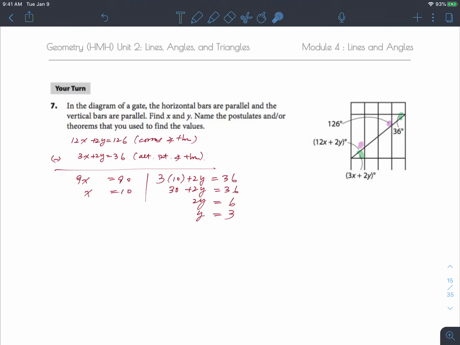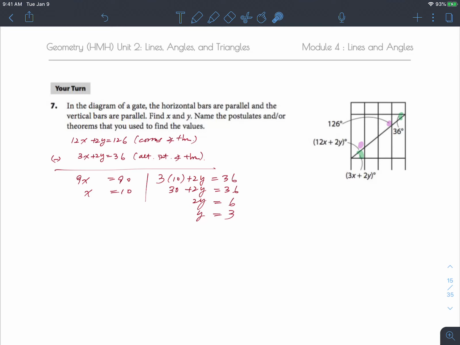So what we have over here is that 12x plus 2y, this right here, plus 126, oh, sorry, this angle and this angle are corresponding angles, right? Because these are parallel. So according to this intersection, they're in the same position, right? Upper left corner. So they're equal to each other. So 12x plus 2y equals 126.